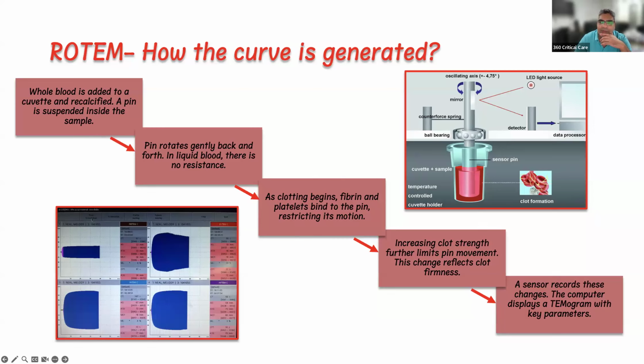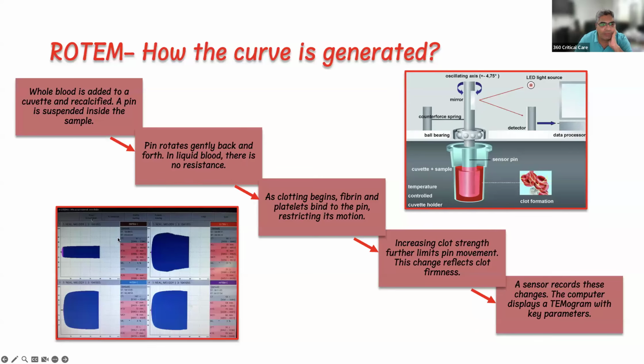Now there are different curves that we look at based on the reagent used in the cuvette. Usually there are 4 or 5 specific curves represented in that figure. First of all, the first one is called the FIBTEM, which is fibrinogen oriented.